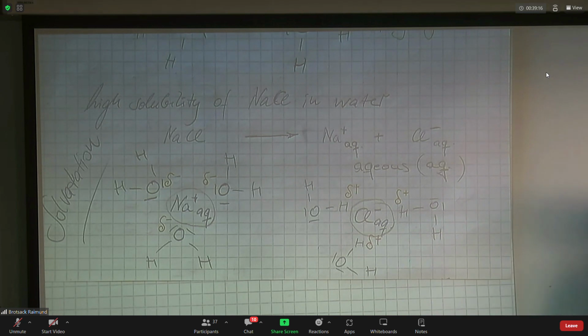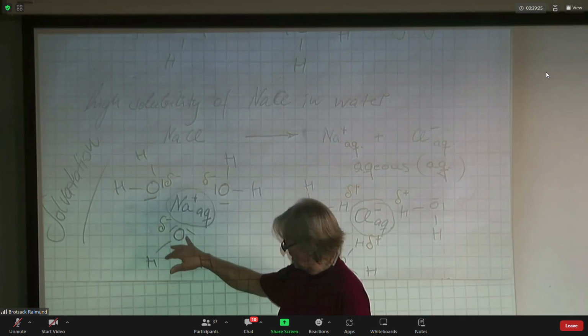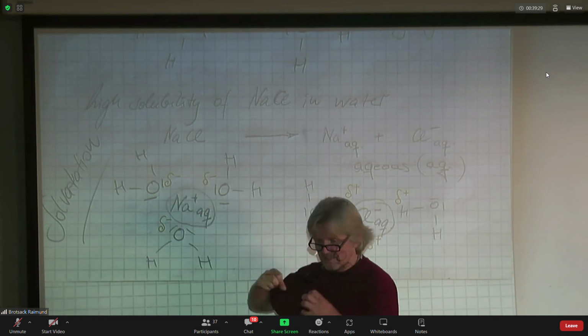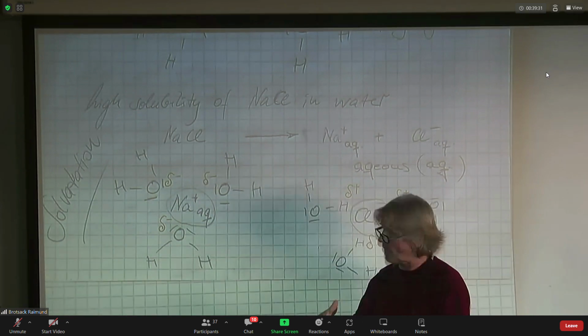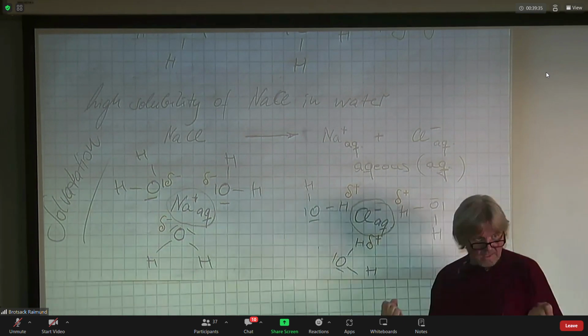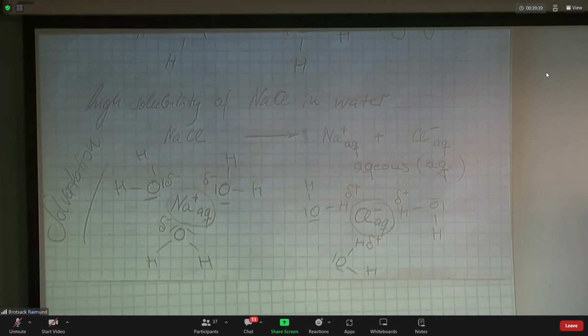So we need both the angular structure and the electronegativity. And then we have a negative partially charged part in the water molecule. And of course, plus and minus interact. So the positively charged ions are stabilized as single ions solved in the water. And that is what we call solvatation.